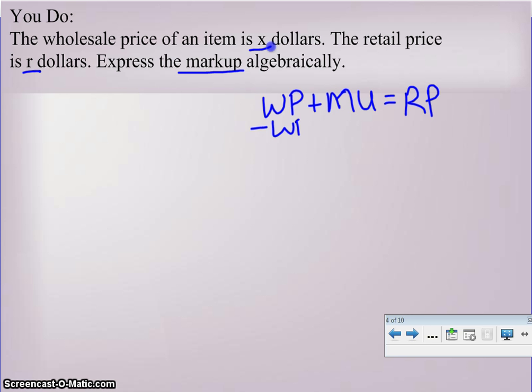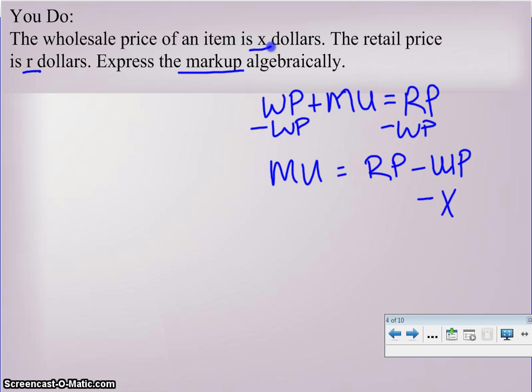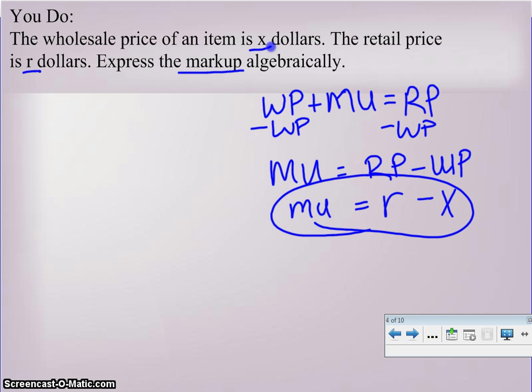So if we subtract that wholesale price, we find that the markup is the retail price minus the wholesale price. And in this, the wholesale price was X dollars, the retail price was R dollars, so my markup price is R minus X.